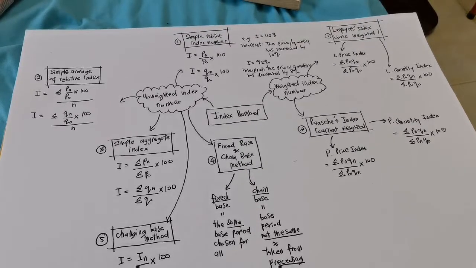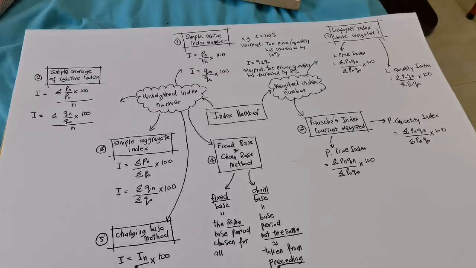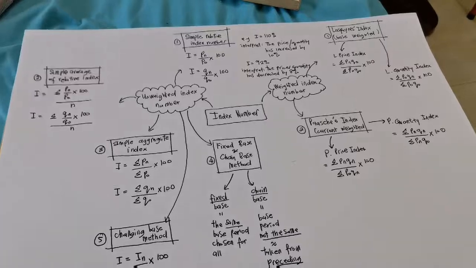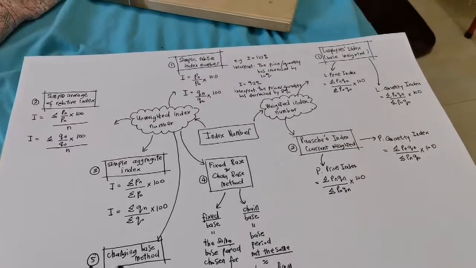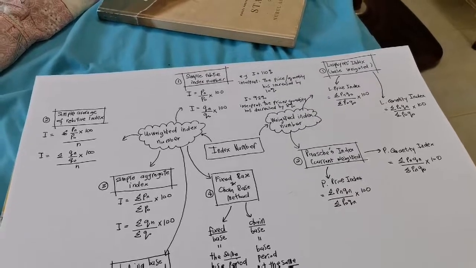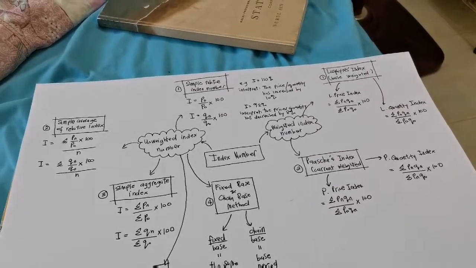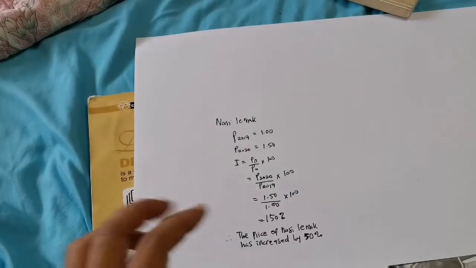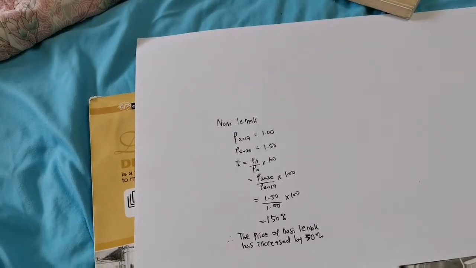For example, you are trying to check whether there is an increment or decrement for the price of a commodity or the quantity of something. You can use index number.